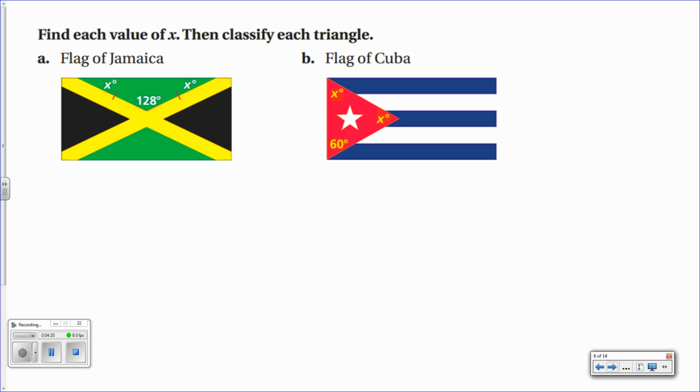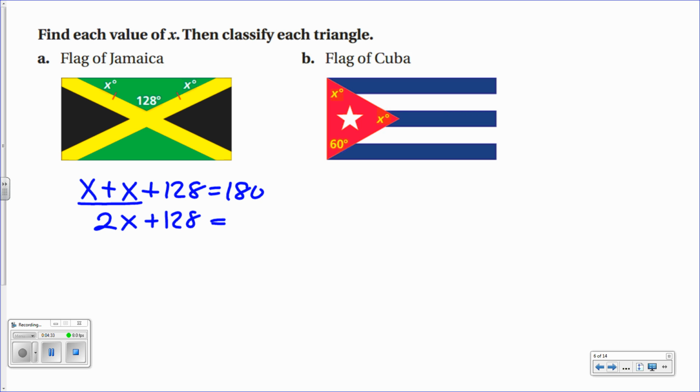Okay, the flag of Jamaica, you know it adds up to 180, so you have in this case two x's. So x plus x plus 128 equals 180. Or you could have noted that that was 2x plus 128. These are my like terms. Now to solve, I have two steps. I have to subtract 128 from both sides.